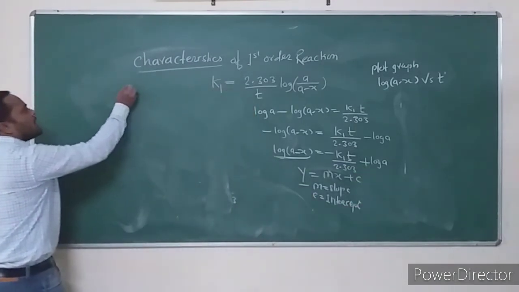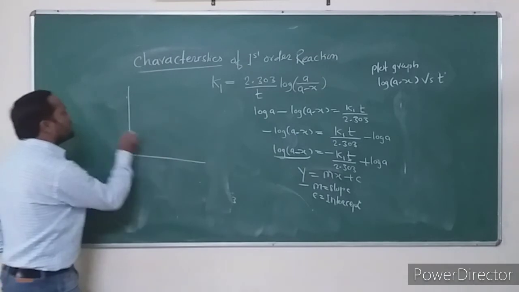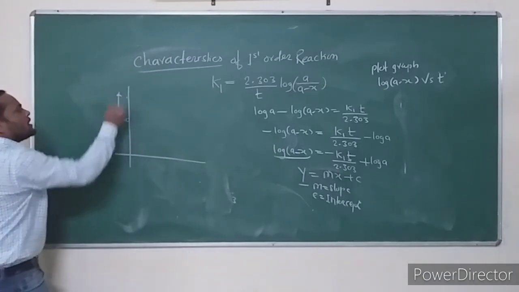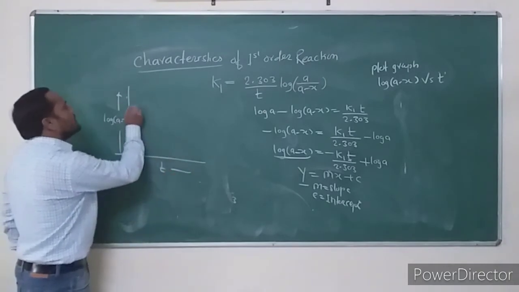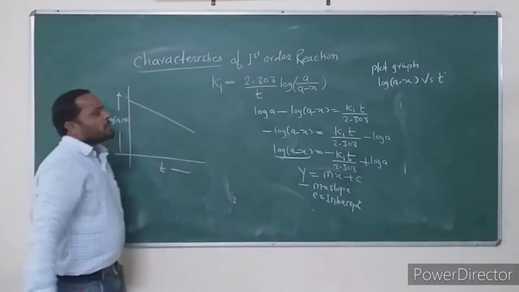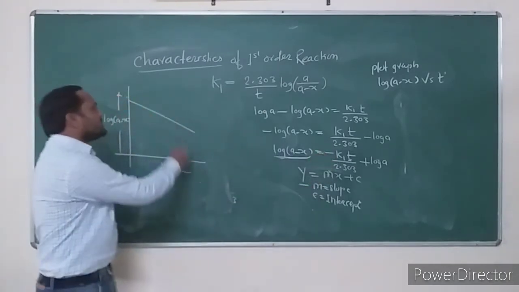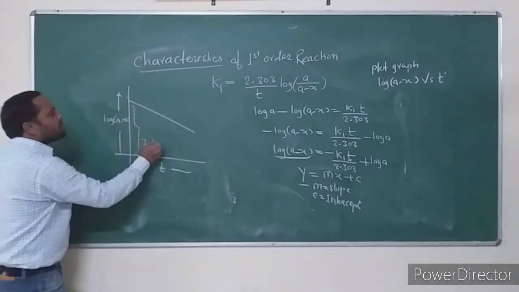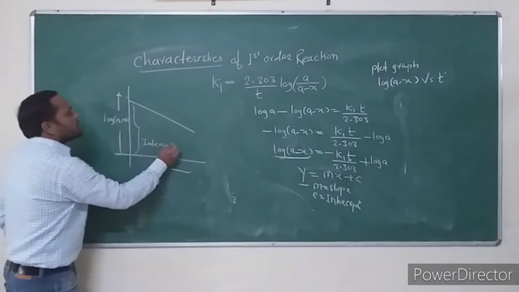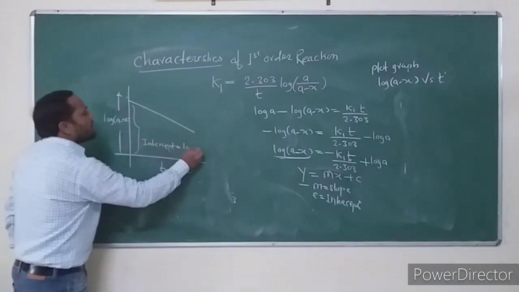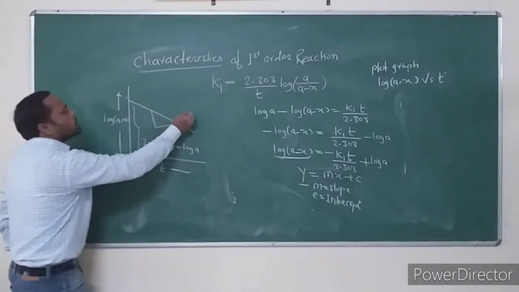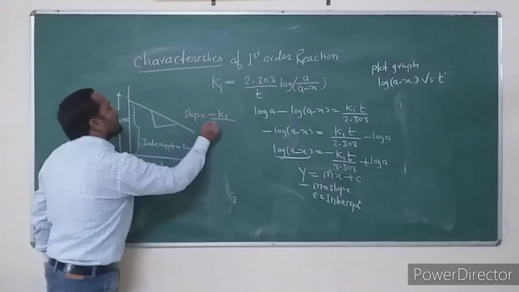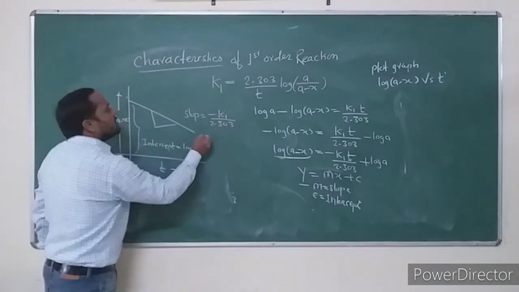By plotting the graph of log a minus x against the time, the slope of the straight line is negative. The straight line is obtained and this is the intercept. The intercept is equal to log a and the slope of the straight line is equal to minus k1 upon 2.303.